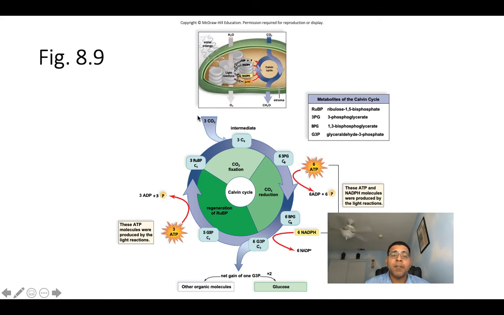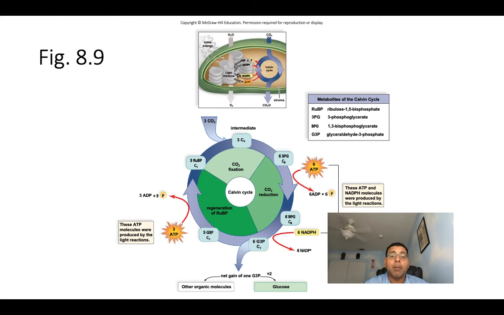Carbon dioxide fixation is the first step of the Calvin cycle. During this reaction, 3 molecules of carbon dioxide from the atmosphere are going to be attached to 3 molecules of RuBP, which is a 5-carbon molecule. The result is 3 6-carbon molecules.